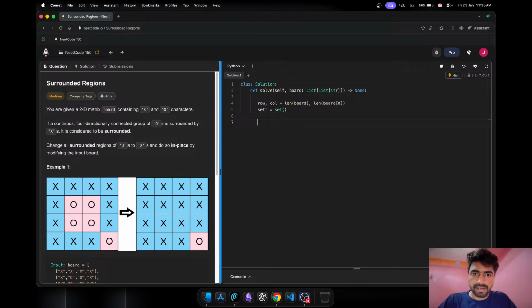Now we have the set. Now we need to check if it is O, then we will make it X. For i in range row, for j in range column.